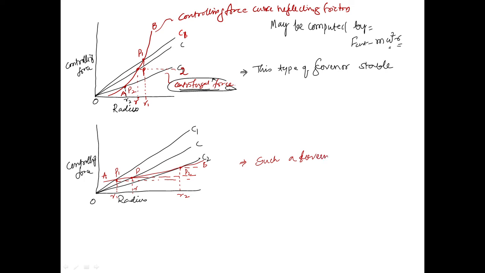Such a governor is unstable, right. Next, there is one more possibility of finding the controlling force. Suppose the controlling force is obtained with the help of the equations I noted earlier, and also by the equation of centrifugal force.